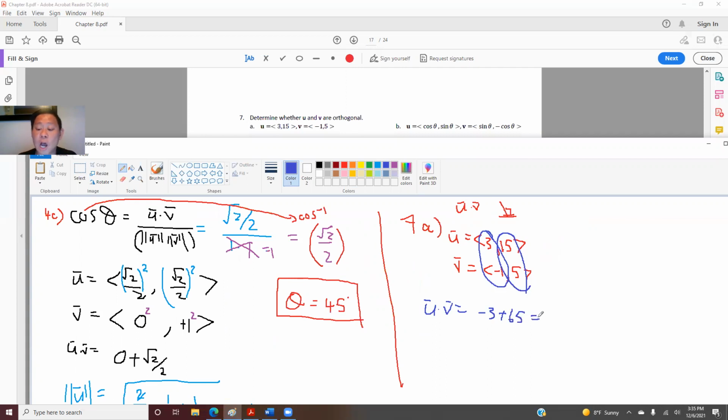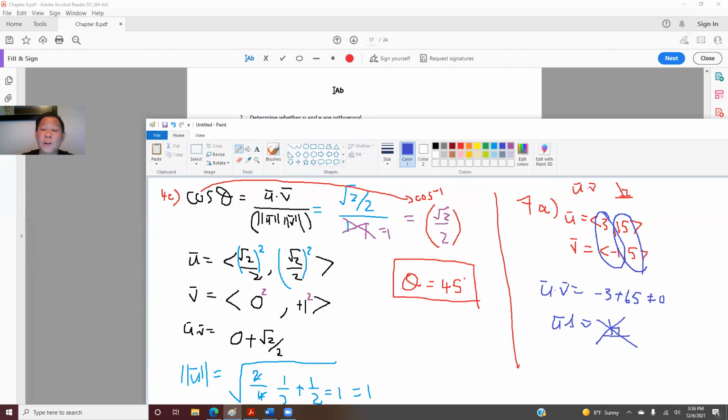And we know this is not equal to 0. -3 plus 75 is not equal to 0. So that means that vector U and vector V are not orthogonal. Okay, that is how easy it is to do orthogonal: just dot it out and make sure if it's equal to 0, it's orthogonal. If it's not equal to 0, it is not orthogonal.